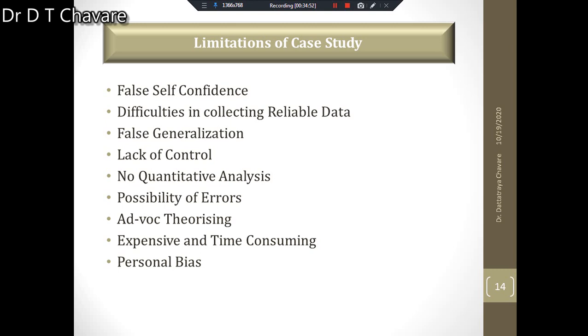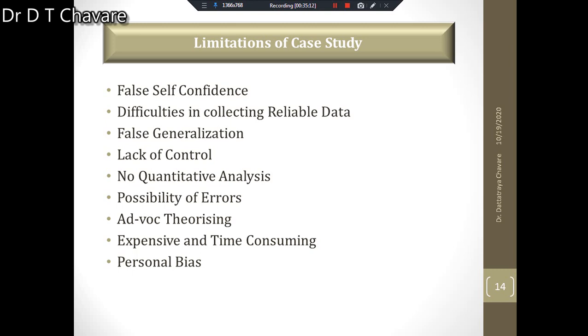Personal bias. In the case study method, there is a temptation to ignore the basic principles of objectivity in research, because quite often a personal relationship is developed between the researcher and the unit studied.